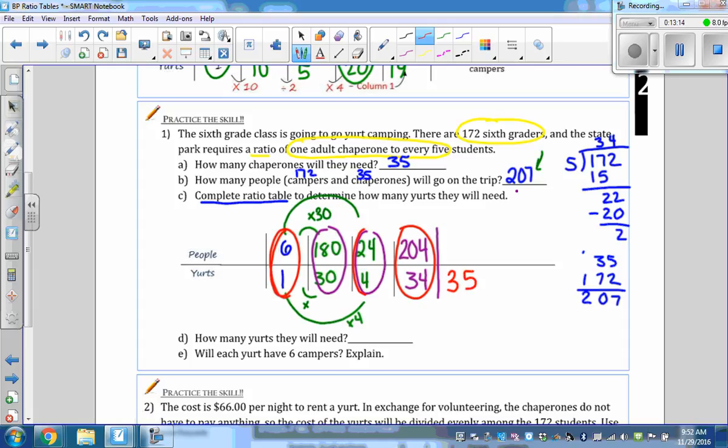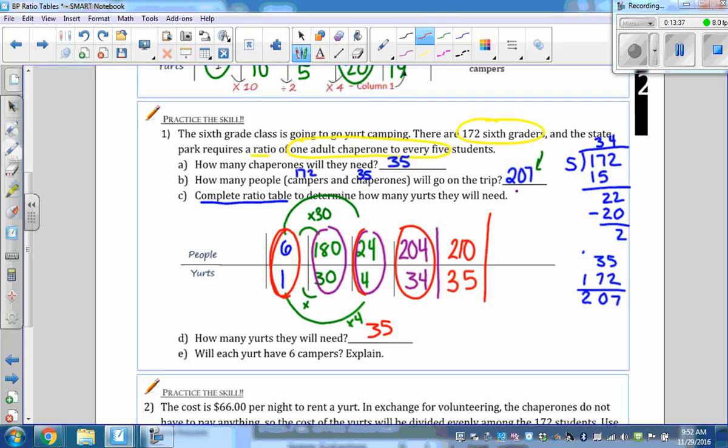So in addition to 204 people, I can add 6 more people, so I get 210 people. So now I have enough room for all 207 people. I would need 35 yurts. But I'm going to have a little extra space.